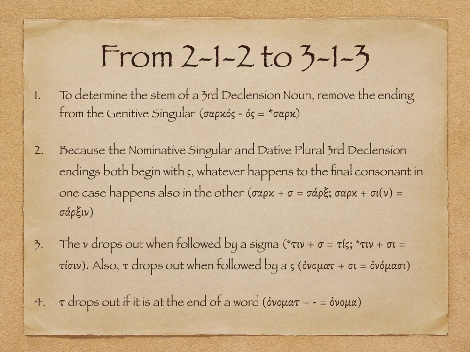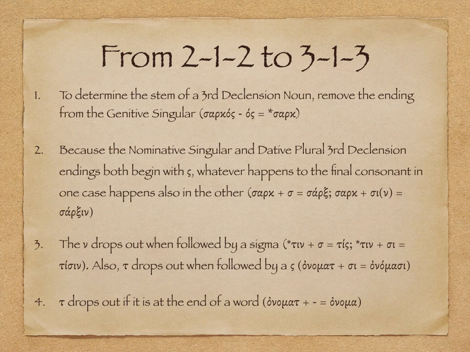In the dative plural, sigma iota nu is the ending, so it becomes sarkson. Whatever happens in nominative singular happens also in dative plural because the ending of both begins with sigma.